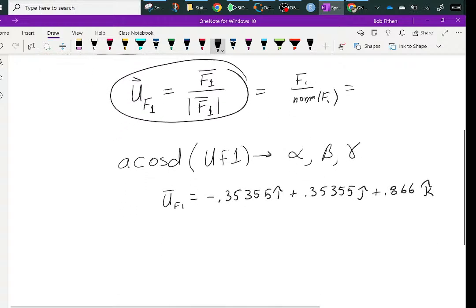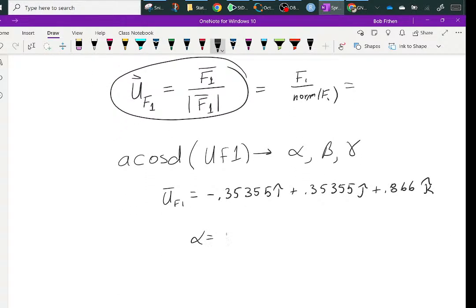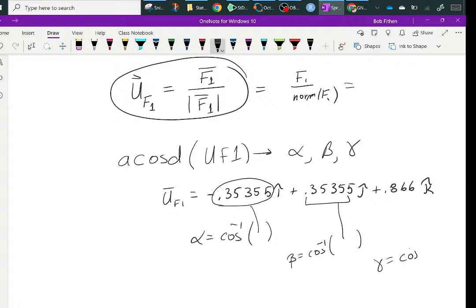And then you would say alpha is equal to cosine inverse of that number. Then you would say beta is equal to cosine inverse of that number. And you would say gamma is equal to cosine inverse of that number, and that's okay.